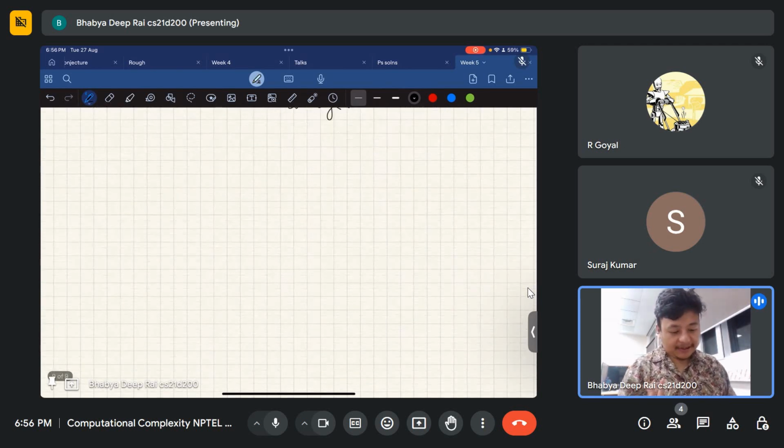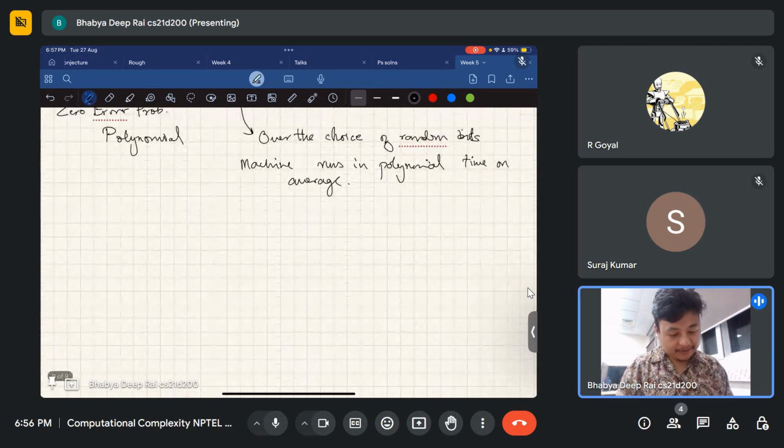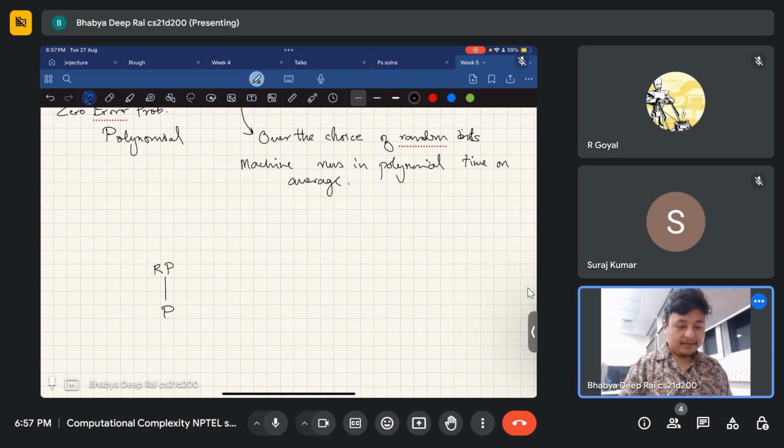So what are the containments? Okay, I quickly want to recall. So you have the following. First, you have P, and P is contained in RP, because as an RP algorithm, one-sided error.